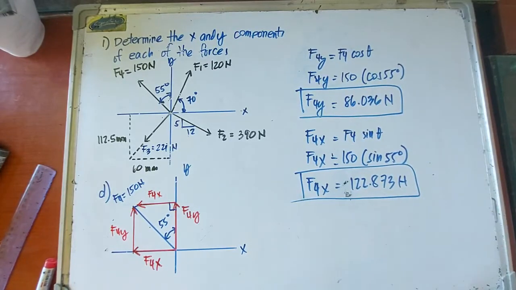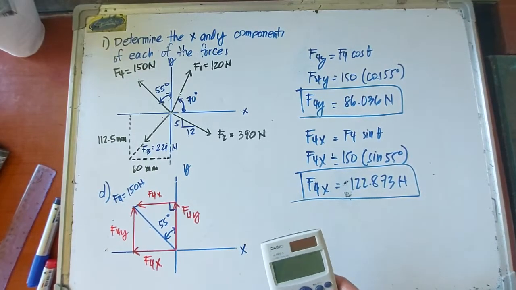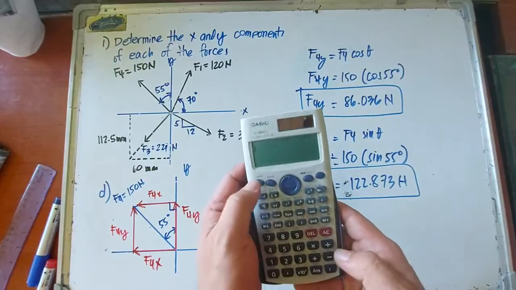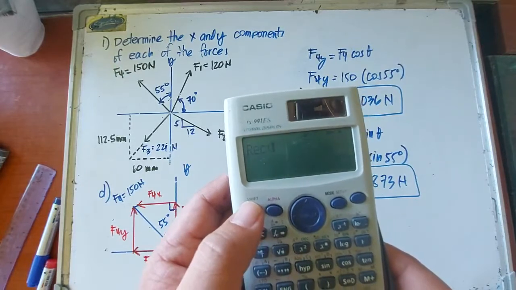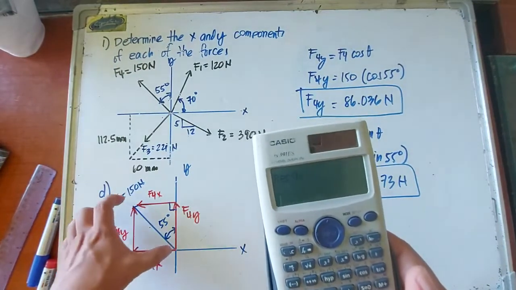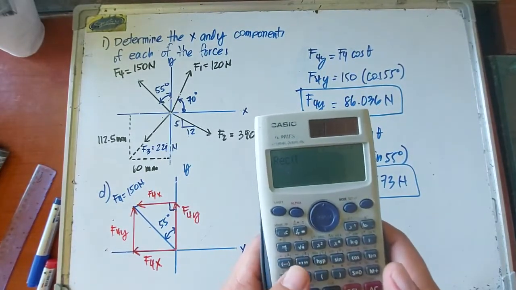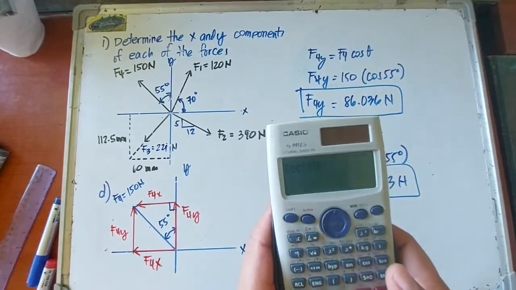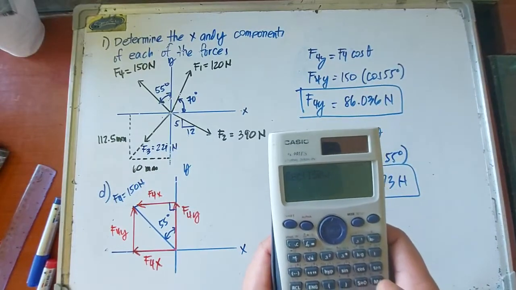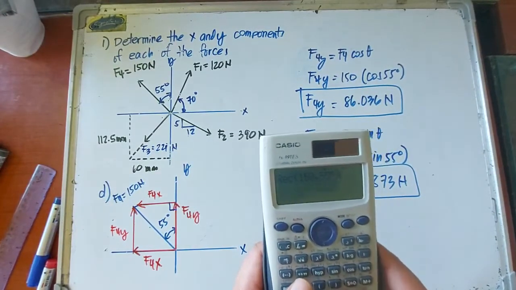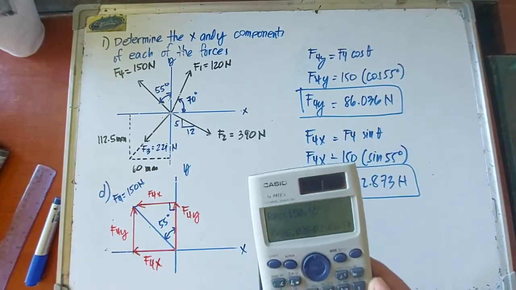Now you can use yung calculators niyo to solve for the components. Sabi ko kanina magkakabaliktad lang sila. So again, shift minus. So i-convert natin yung polar coordinate into an equivalent rectangular coordinates. So ilagay natin yung magnitude, that's 150, comma, and the angle, that is 55 degrees, equal, so lalabas yung components, kaya lang magkakabaliktad yan.